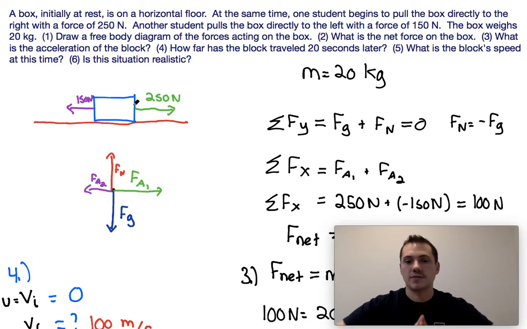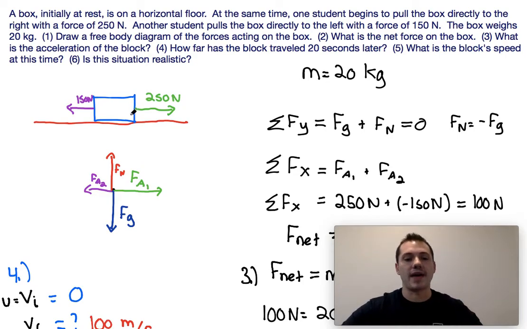Well, assuming that the gravitational constant g is 10, 250 newtons would correspond to 25 kilograms of mass, and 150 newtons would correspond to 15 kilograms of mass. So it's about, I can't remember off the top of my head, maybe something like 40, 50 pounds. It's definitely a weight that someone could pick up. It would be heavy, but this would be a possible amount of force for a high school student to be able to pull. It'd be heavy, but it wouldn't be impossible.